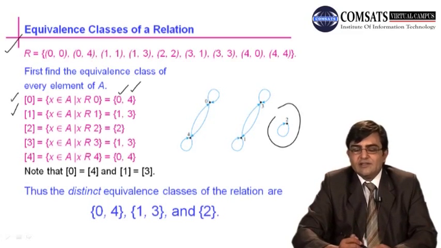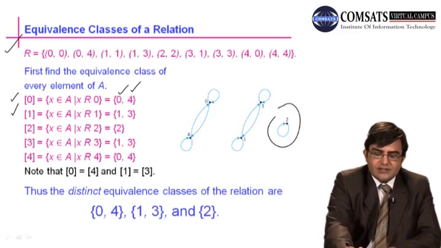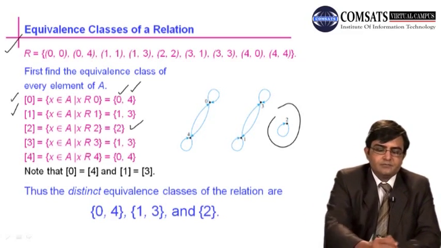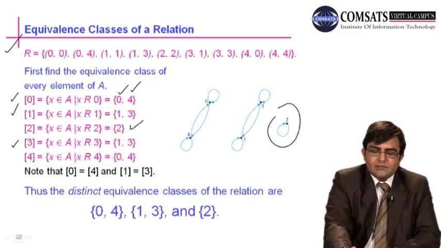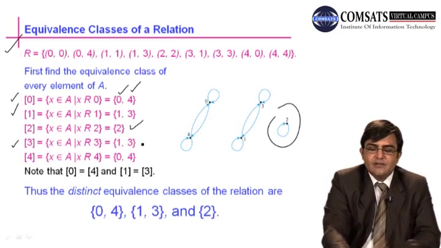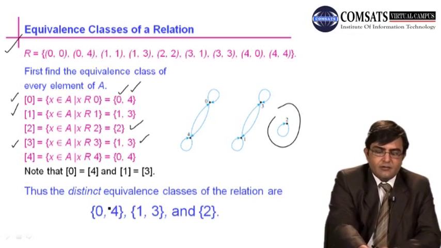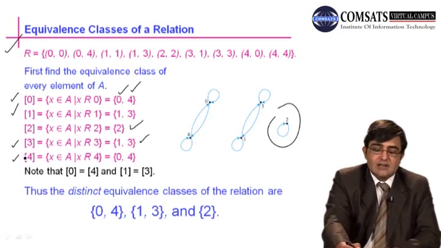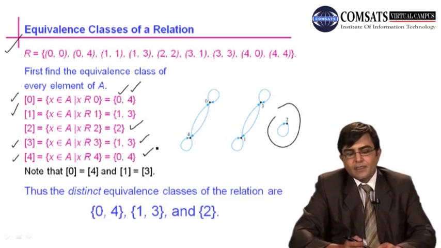There is no other element related to 2. So this is the equivalence class of 2. Now for 3: 3 is related to 1, 1 is related to 3. So this equivalence class contains two elements, which are 1 and 3. Now for 4, we have 0 and 4 related, therefore this equivalence class contains 0 and 4.